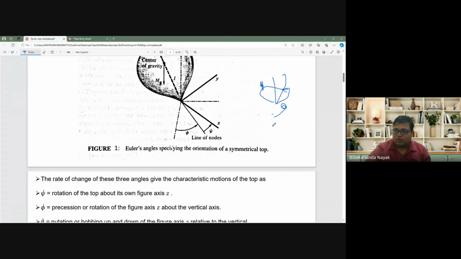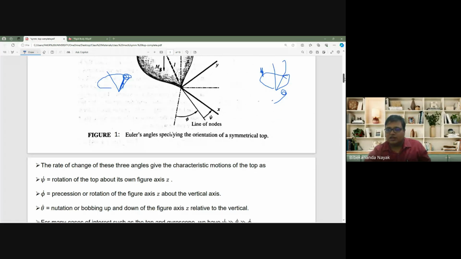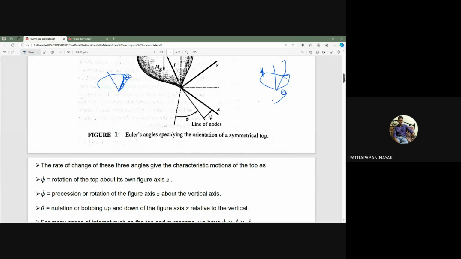Rotating about itself is rotation. The body is itself rotating. For the top case, suppose this is your body, and it is rotating itself, and it is also rotating about the axis. That is called precession. Along with the inclined rotation and precession, the top is also bobbing up and down. That is called nutation.